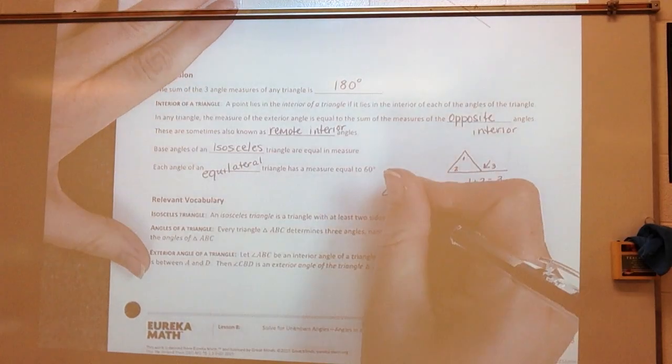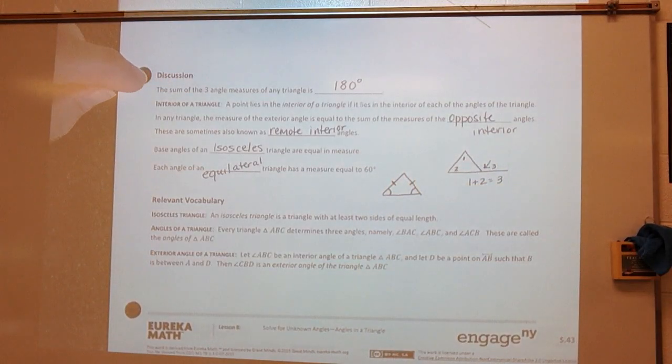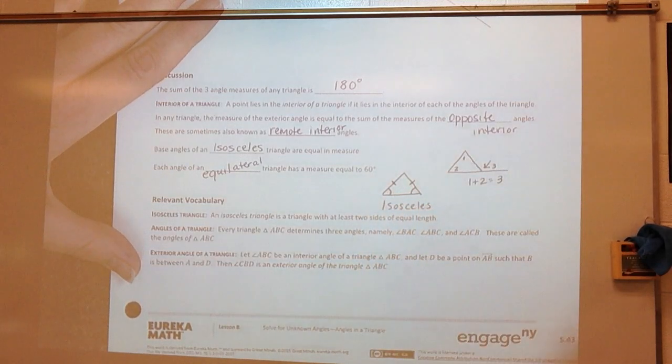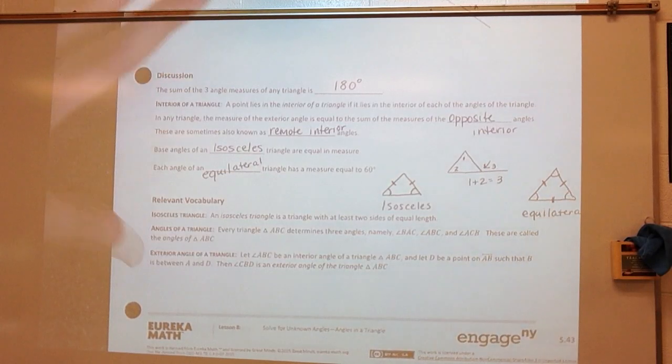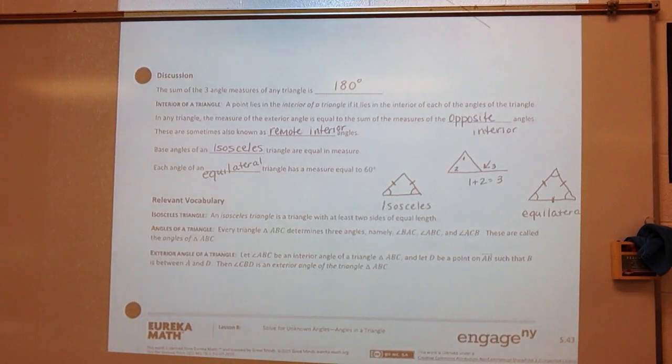So that means that the two angles are equal. All right? This is an isosceles triangle. If you remember, in an equilateral triangle, all three sides are equal, which means that all three angles have to be equal. And if they have to be equal, then 180 divided by 3 is 60.